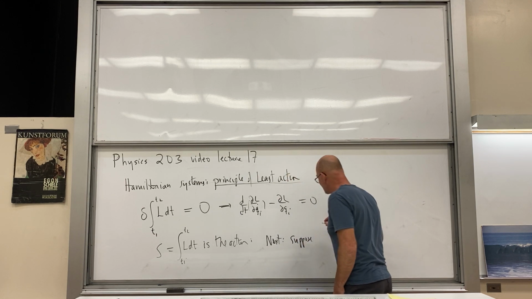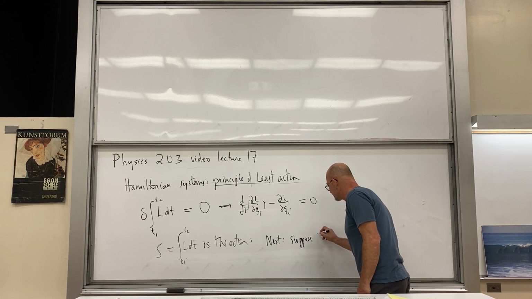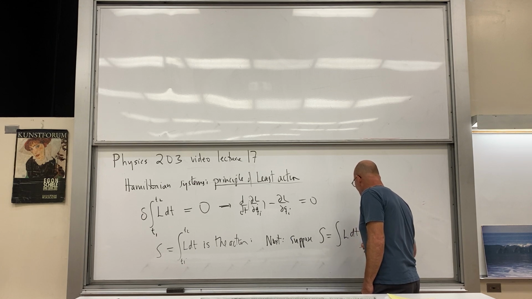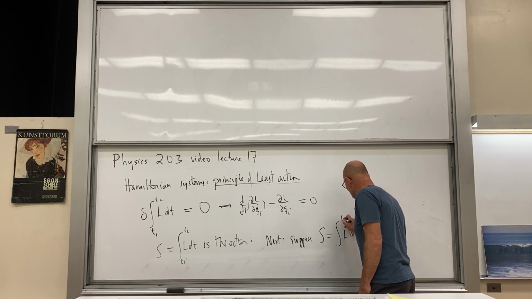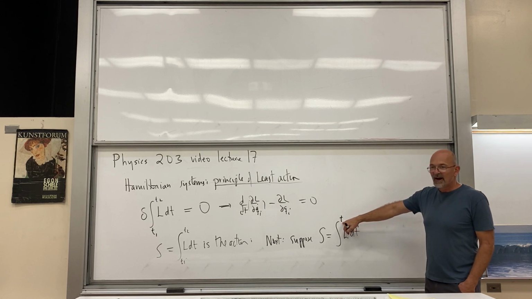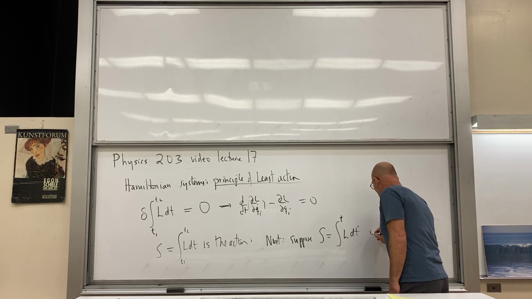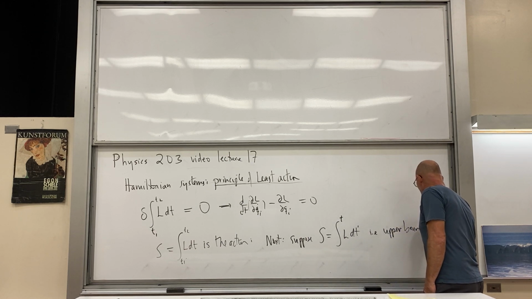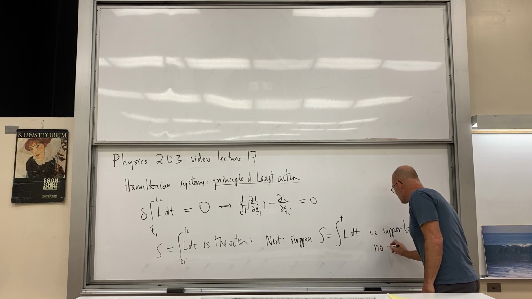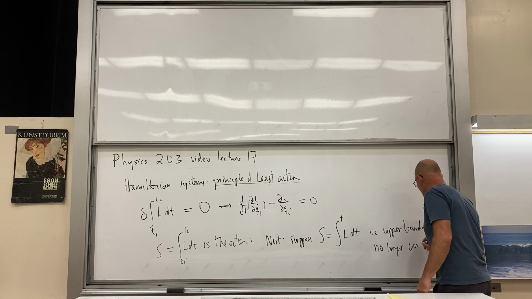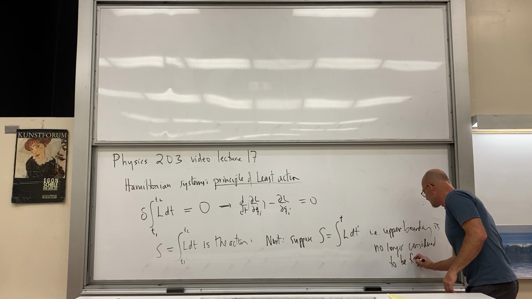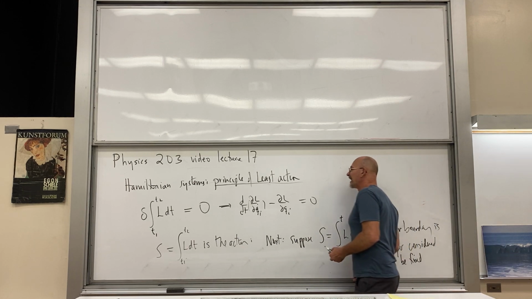Suppose S equals the integral of L dt', but now the upper boundary is no longer fixed, i.e. the upper bound is no longer considered to be fixed. Okay, so we have to see what that means.